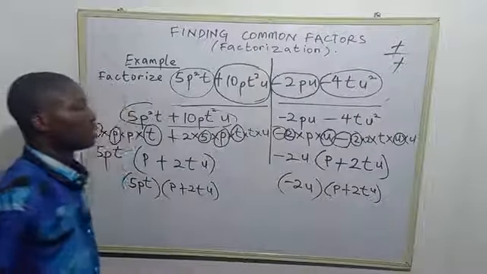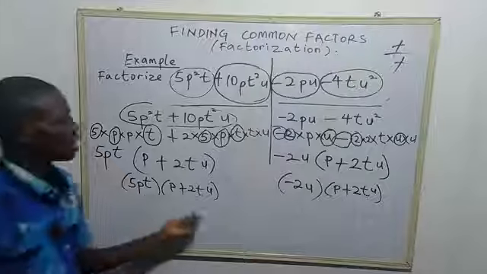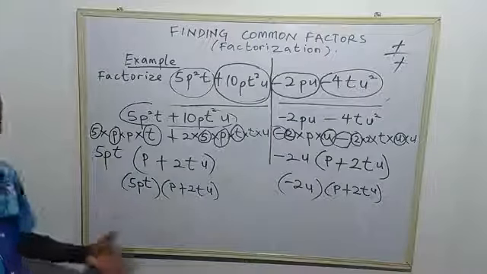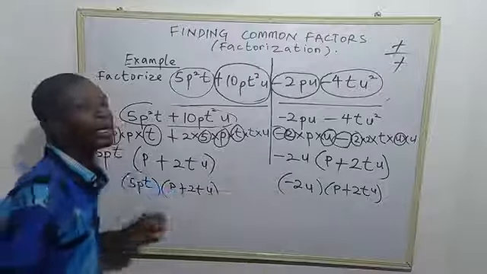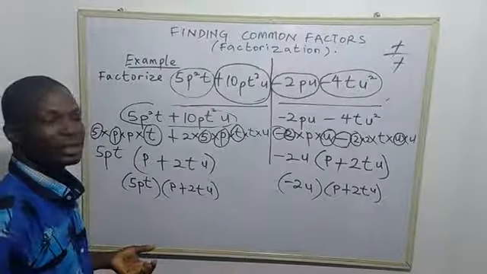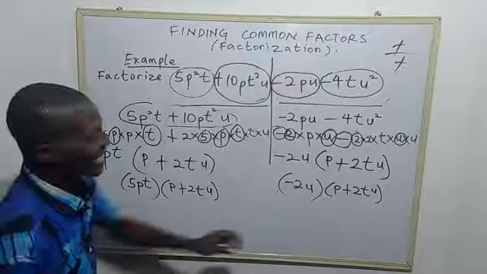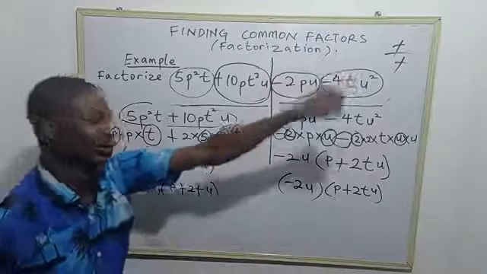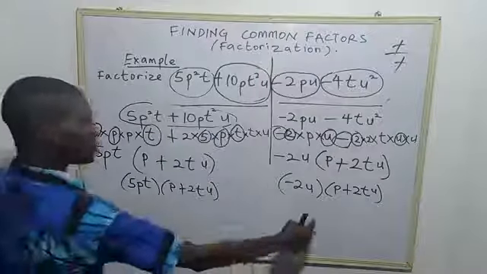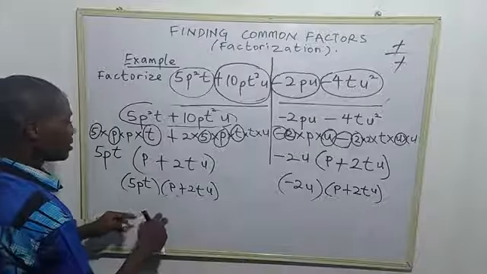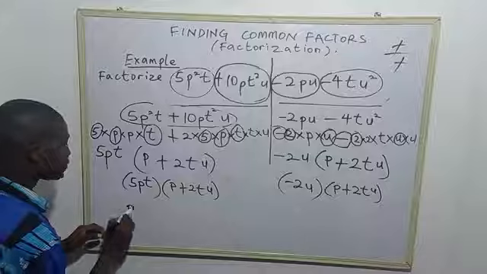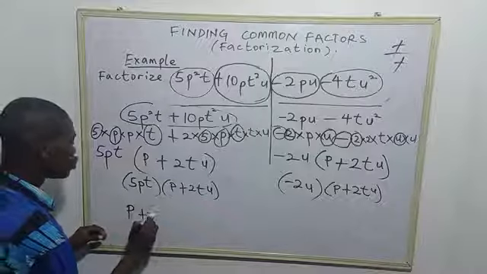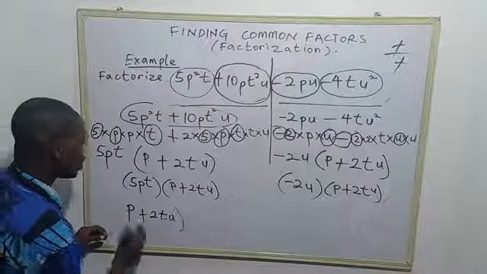Yes. So with what you are seeing now, something is common to them that can cancel out here and here. What is that? P plus 2TU. So let's write it out. We'll be having P plus 2TU in a bracket.